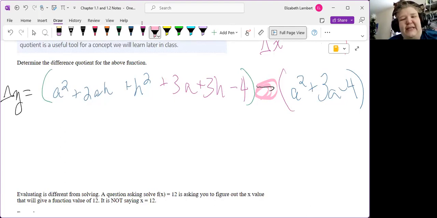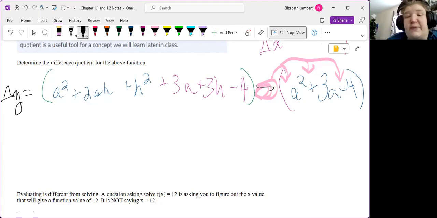Before I can try to put anything together, I need this to no longer be subtraction with a parentheses. So right now, this minus sign needs to apply to everybody in there. So that is my first step, I'm going to go through and take out the parentheses by distributing. So we're going to have a minus a squared minus 3a, and now it'll be a plus 4.